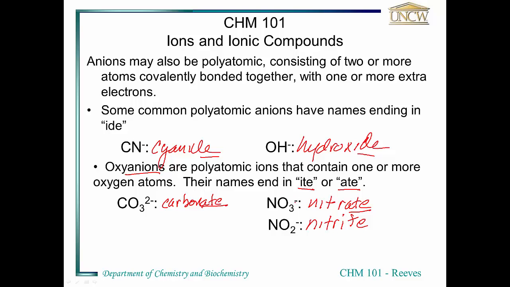Notice, by the way, that the charges are both -1. And that's true consistently among a group. Another example of this is phosphate. PO4 3-, that's phosphate, ATE, and PO3 3- is phosphite. ITE, ATE.